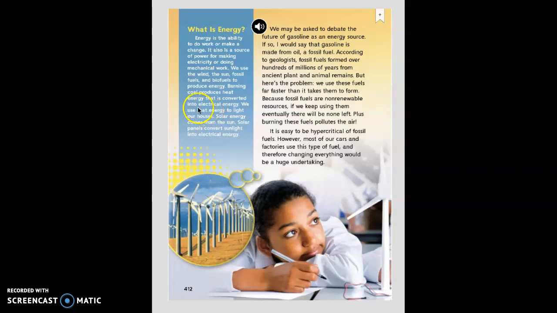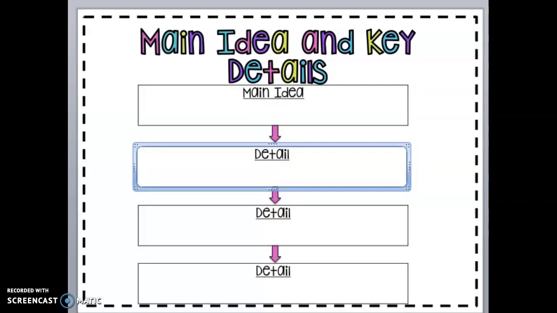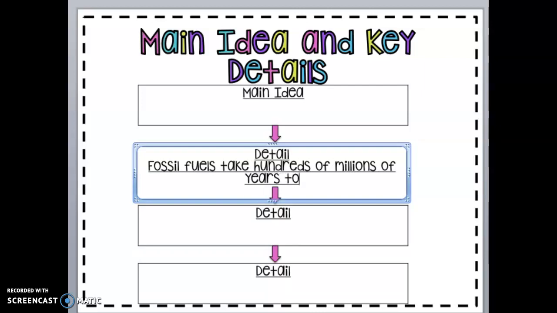So the first detail that we read from page 412 that had to do with fossil fuels was that fossil fuels take, and how long do they take to form? That's right, they take hundreds of millions of years to form. Let's undo that underline.